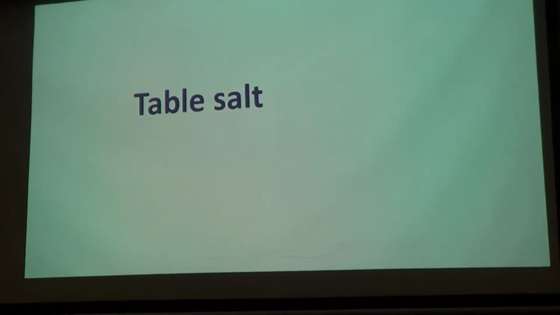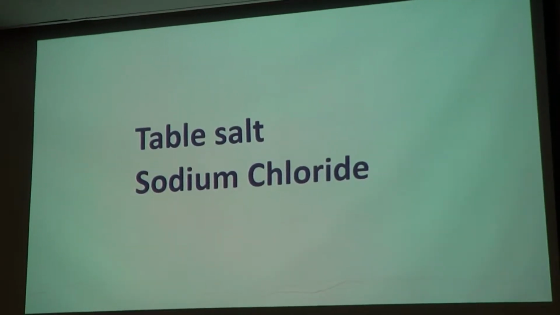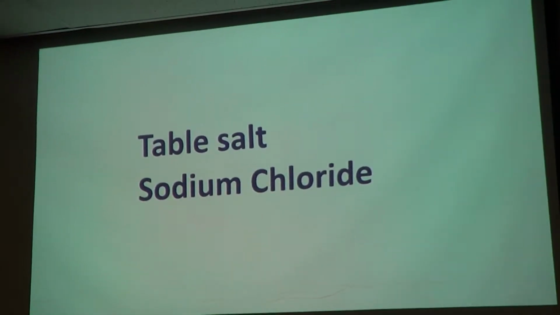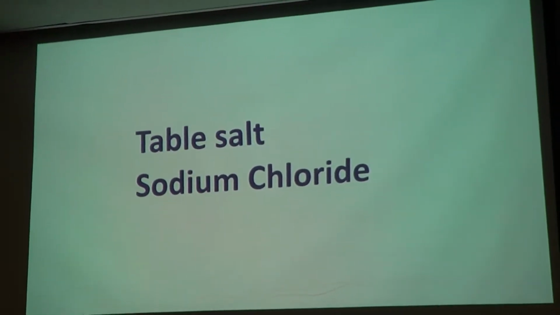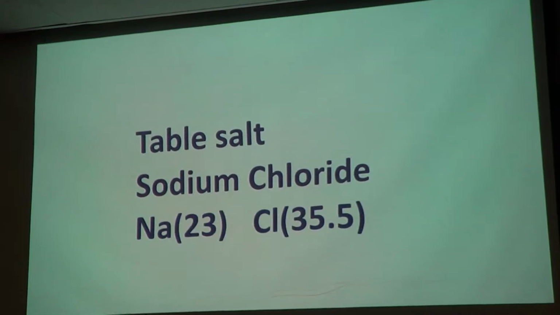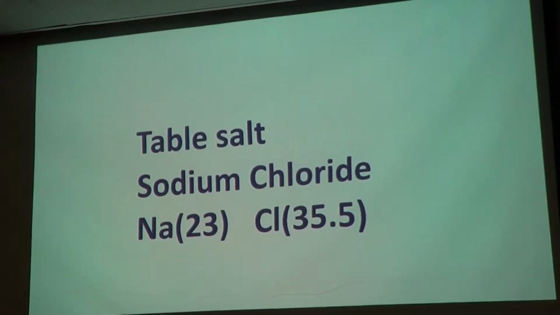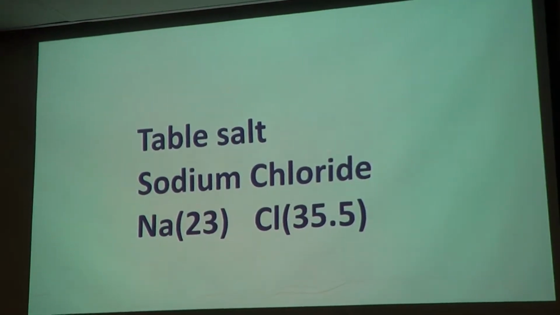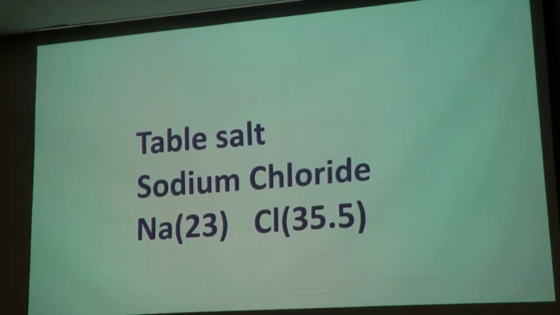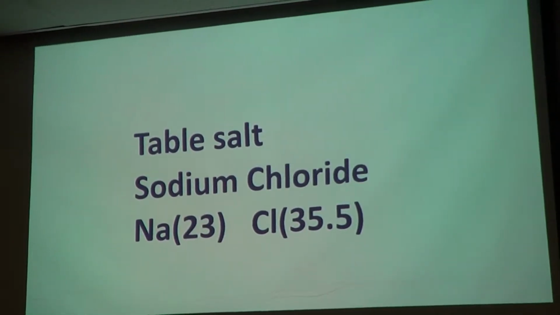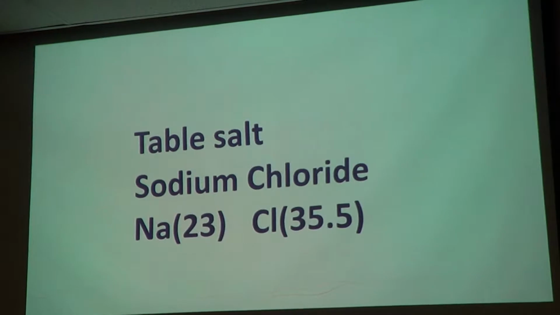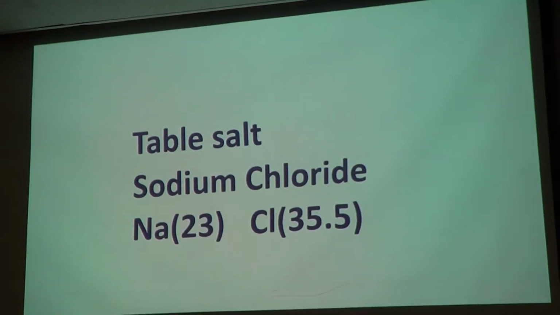What is table salt? It is sodium chloride, basic chemistry, and it has a molecular weight. Na stands for sodium, it has a molecular weight of 23, and chloride, Cl, the molecular weight is 35.5.